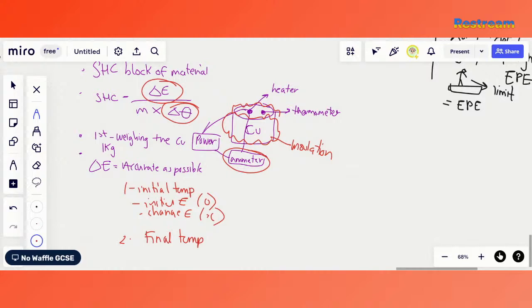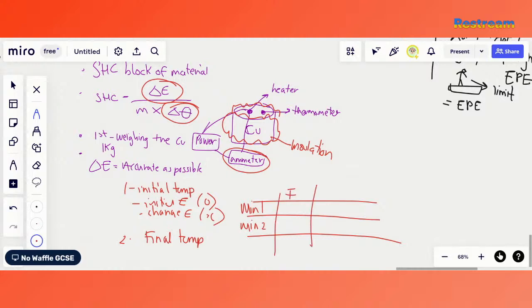So you take readings of the temperature and the current every minute for 10 minutes. So you're going to have a table. So minute 1, for example, minute 2. In each one, you have the current reading, you have the temperature change, or just the temperature, and then you can work out the change later. And that's it.